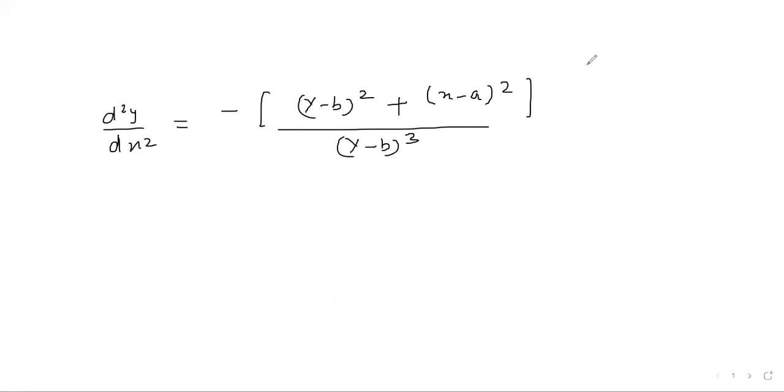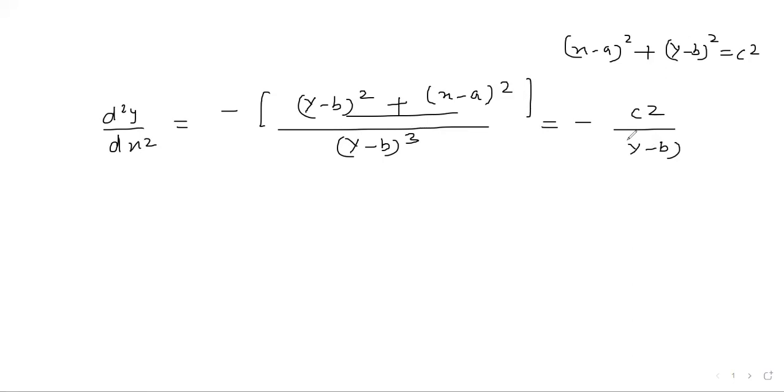But in the question we are given (x minus a) whole square plus (y minus b) whole square equal to c square. So we can write here c square. So we will get minus c square divided by (y minus b) whole cube.